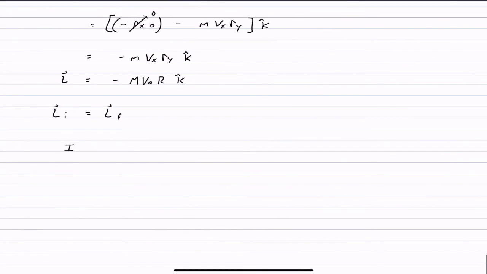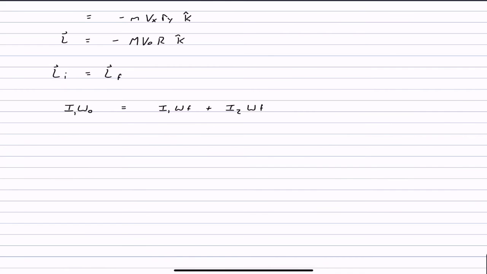So I omega, this is initial, we'll call this naught, 1 for the moving mass, is equal to I of the mass, omega final, plus I of the cylinder, omega final. It's pretty much the same as what we did last time.